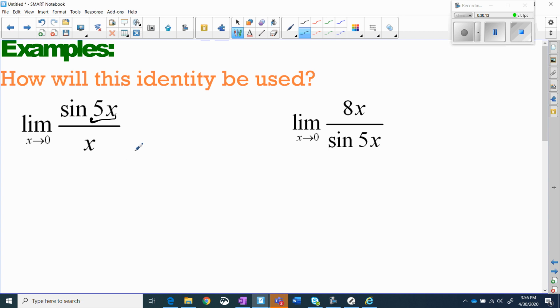So please try to keep that in mind. Never, never, very clearly, but never change an argument in a trig ratio. So this would be the argument. This would be the argument.